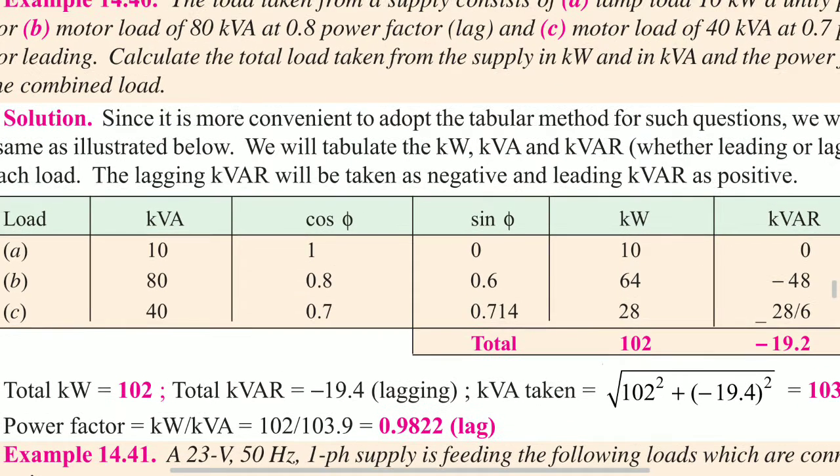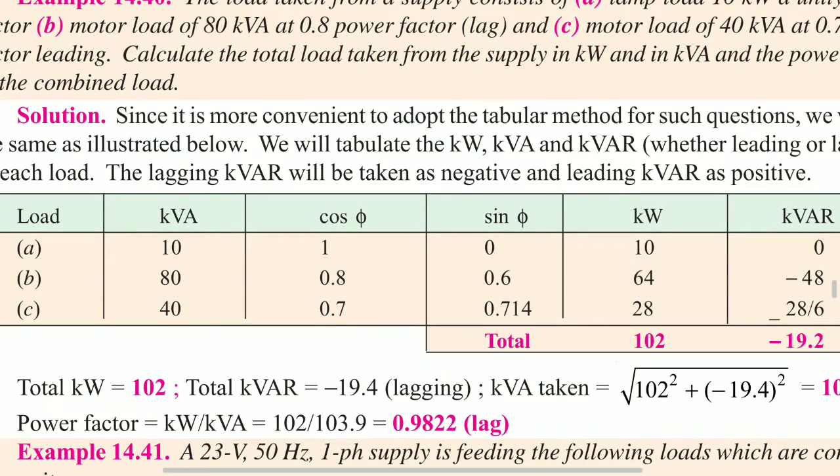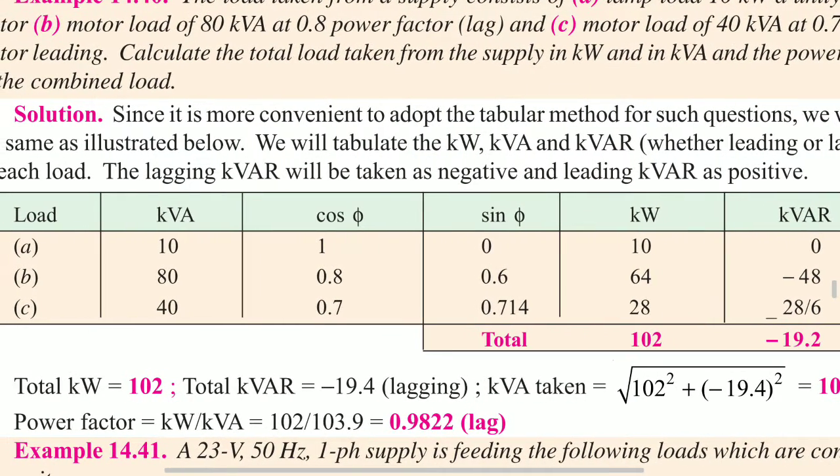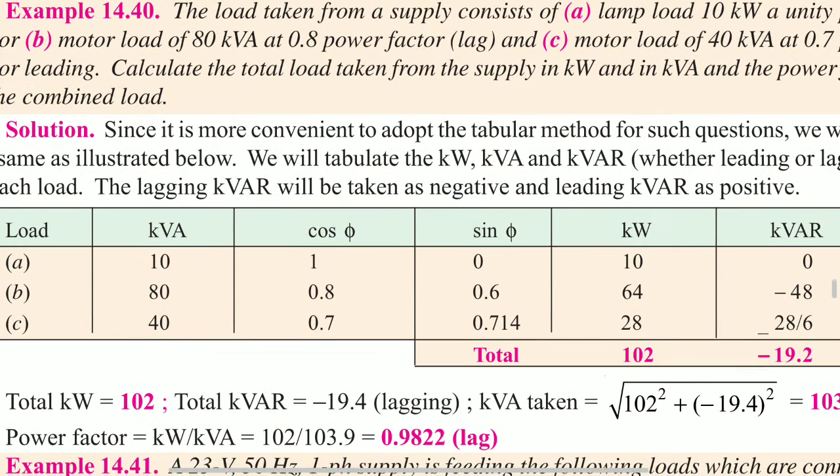Now go for B. How much kVA is given for the motor load in B? 80 kVA. How much power factor? 0.8.